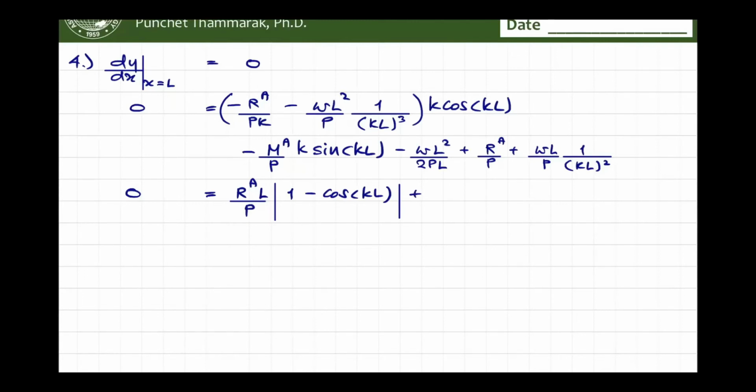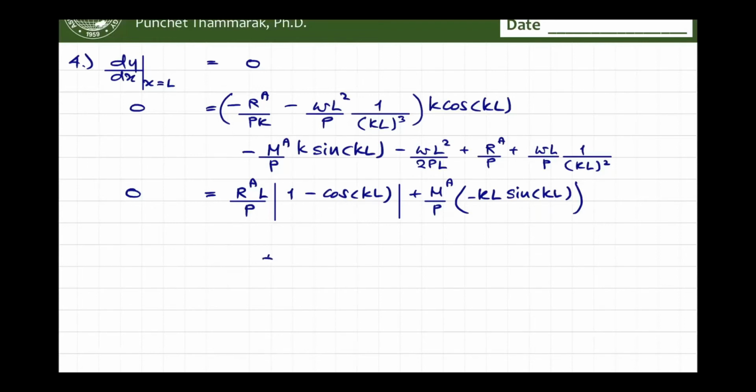Next, plus the MA over P. We have the KL, put the minus in there, minus KL sine KL. Alright. Two terms in there, M one term in there, W 1, 2, 3.